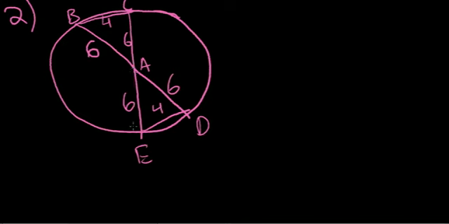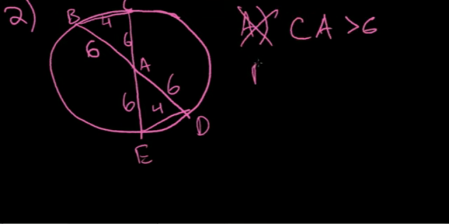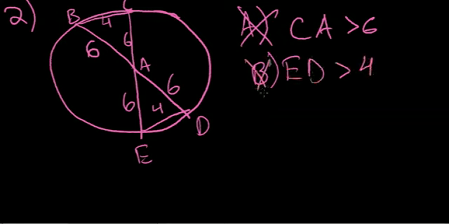So which of the following statements is true? Okay, A says CA is greater than 6. No, CA is already 6, so A is crossed off. Let's write them down as we do it. I haven't done it for a long time. CA is greater than 6. That's cut off. B is ED is greater than 4. Well, ED is equal to 4, so that's crossed off.